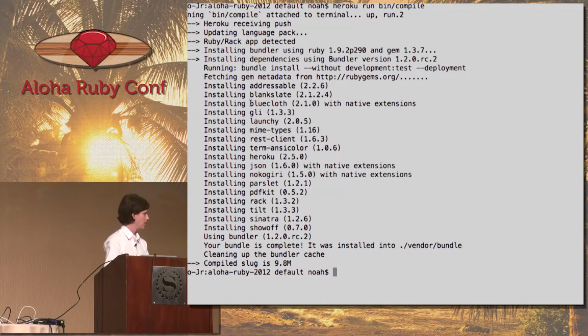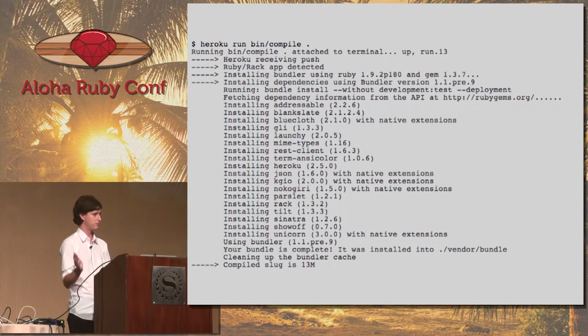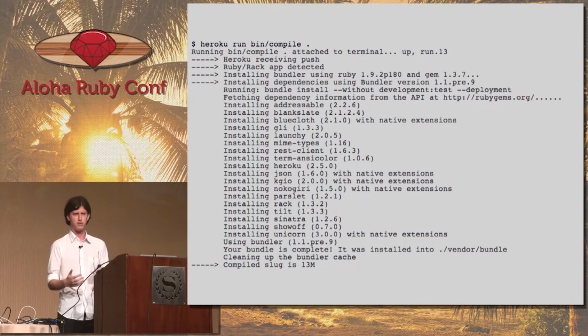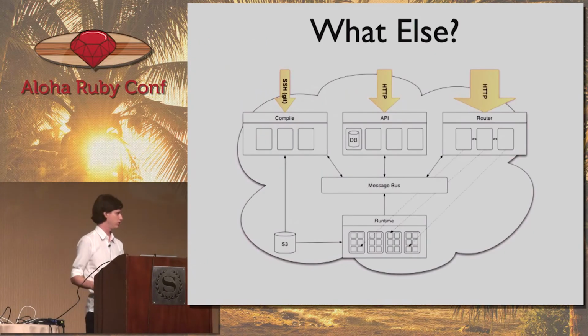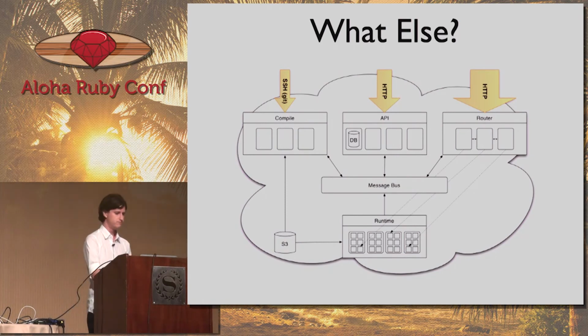But again, this shows that Heroku run is more than capable of doing bundle install. And maybe this should look a little similar to the LLVM bootstrap example. Like really, again, this kind of generic Unix system for executing arbitrary code.